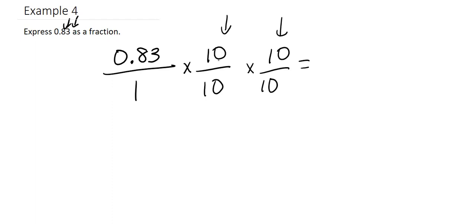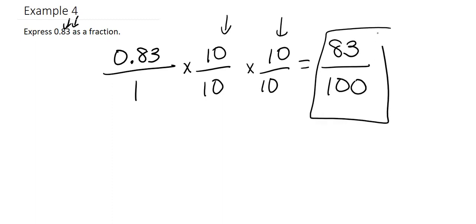Well, if we move it over just 1 because we multiply by 10, if we multiply it by 100, then we would move it over 2 times, right? So we would get to 83, right? And then we have 1 times 10, well, that's 10. 10 times 10 is 100. So this would be our solution then. That's our fraction.